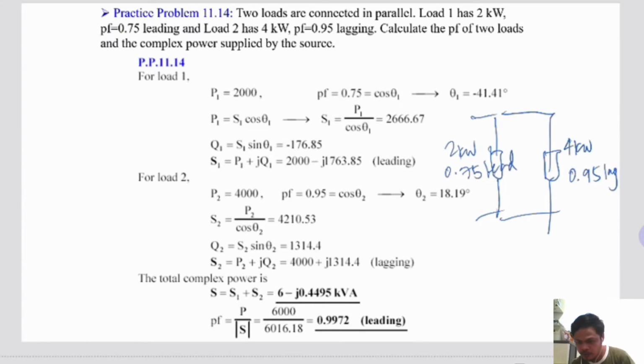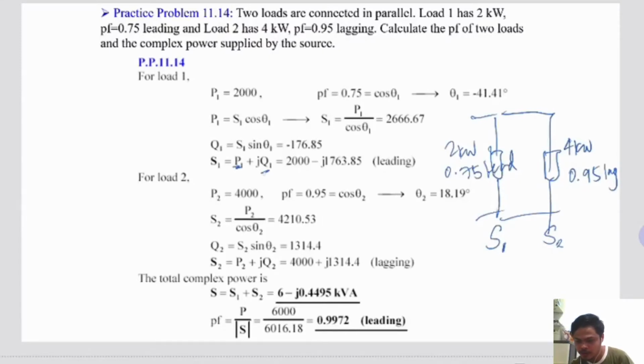So here we need to determine the individual S of the system. So you have your complex power S1 and complex power S2. To compute for S1, we need to have the P1 and the Q1.